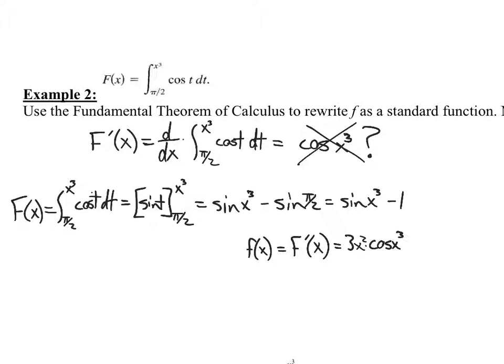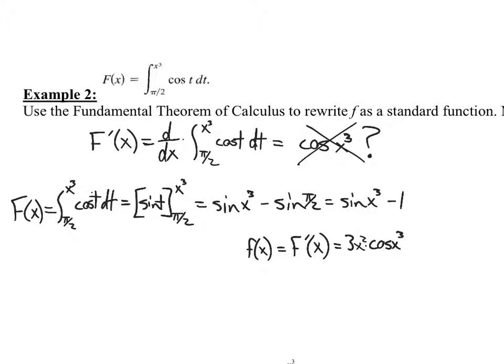Notice, we're taking the derivative with respect to x, but now we're dealing with an x cubed. So it is kind of the chain rule idea. We would need to then multiply by the derivative of what's up there.